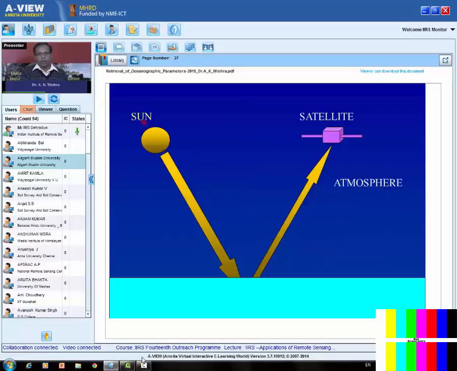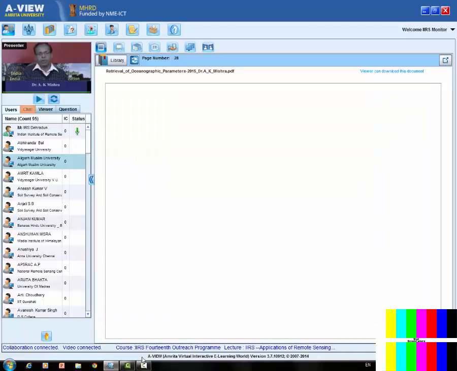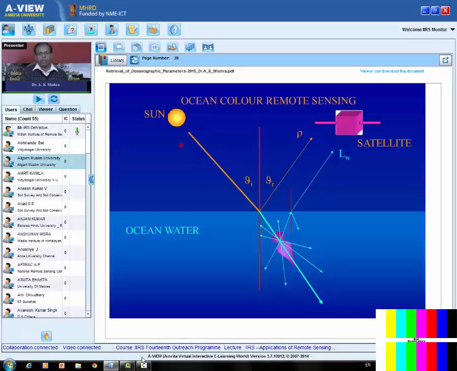So the sunlight, which is the source of energy entering into the ocean, and the energy which is leaving the waters is known as water leaving radiance, which carries information about the water quality parameters.